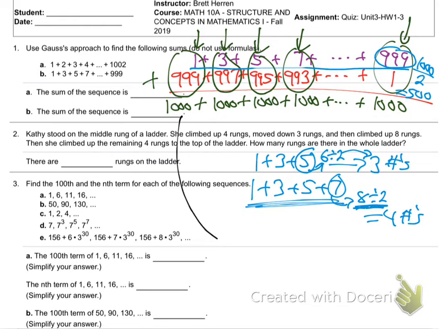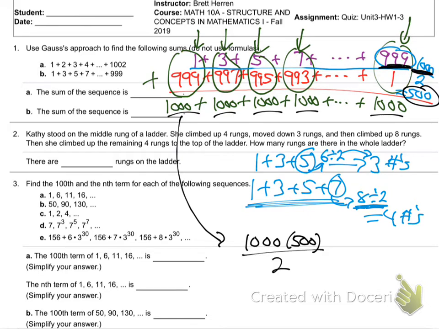So that means we have 1,000, 1,000, 1,000, and so on. How many of those? There's 500 of them. If we're going odd, you just take the last number, go up one more, and divide by 2. So we divided by 2 here just to find out how many numbers are in the list, because there's just odd numbers, not every number.